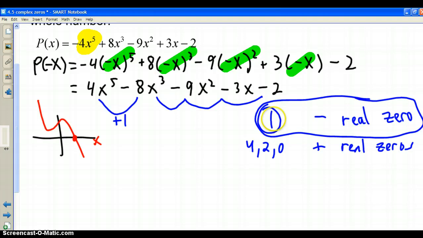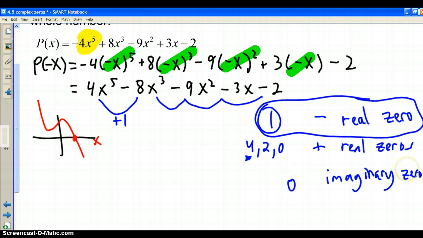Well, one possibility is you have one negative and then you have 4 positive real zeros. If that's the case, the complex, or we might call them imaginary zeros, if there's one of these and 4 of those, that would mean that takes all 5 of them. There would be 0 imaginary zeros.